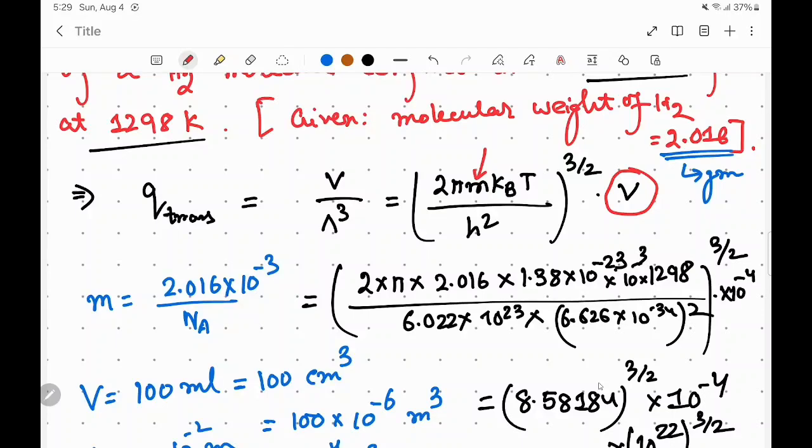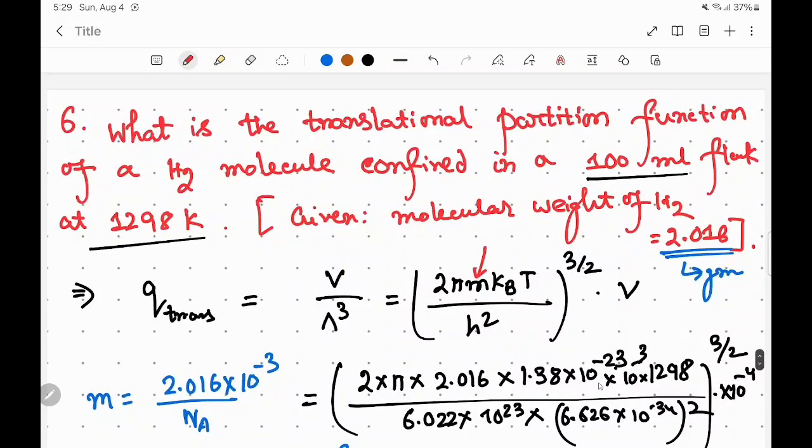Later, when the formula for the rotational partition function is known, you can see m is also there in the rotational partition function, because I is there. But that is a property of the molecule which you are confining. That is not dependent on the mass of the system or volume of the system. But the translational partition function depends on the volume of the system, which flask you are considering.